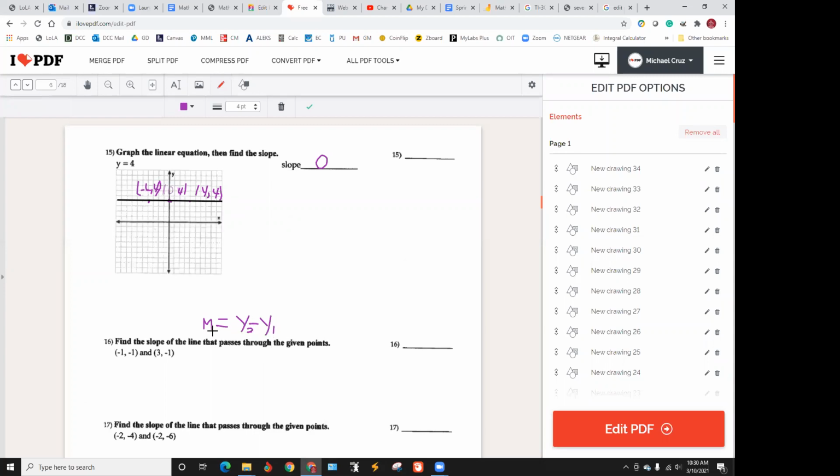Ah, shucks. I didn't leave myself enough room to put it on the top. All right. Let me put it over here. So this is the formula for the slope.